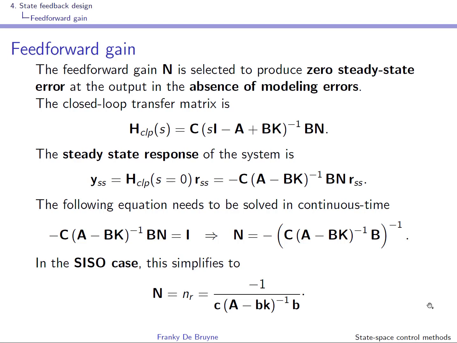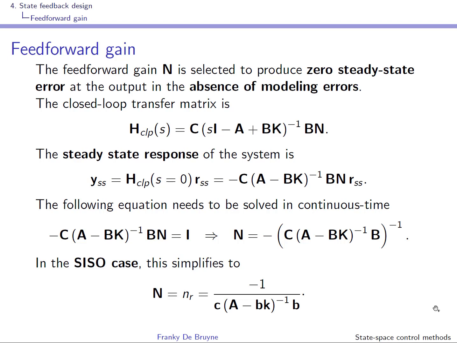For a single input, single output system, the static gain is simply the relation between the input and output in steady state, and it can be obtained from the transfer function by taking this transfer function and replacing s by 0.